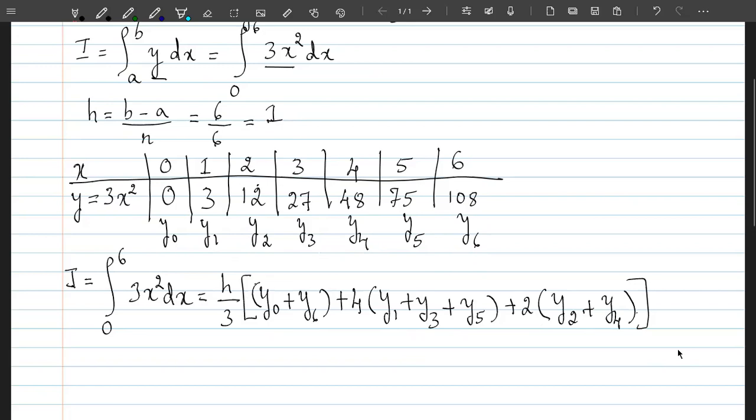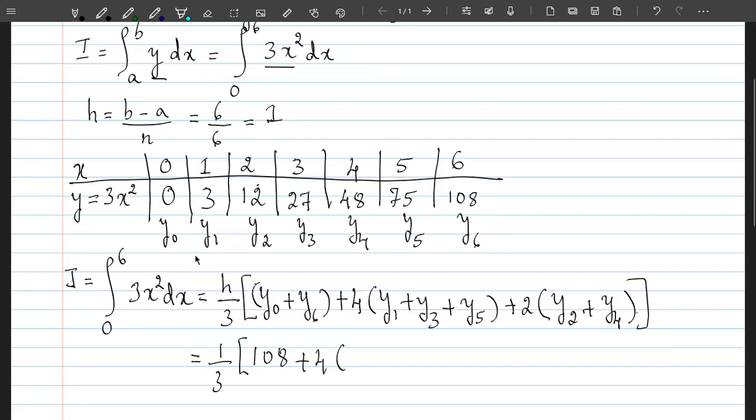In the next step, we put the values which are given. H is already calculated, which is 1 by 3. Then you have y0 plus y6. Y0 here is 0, which is added with 108, so it's nothing but 108, plus 4 into y1 plus y3.